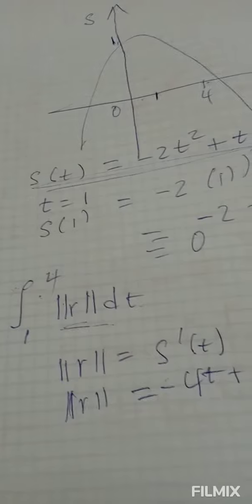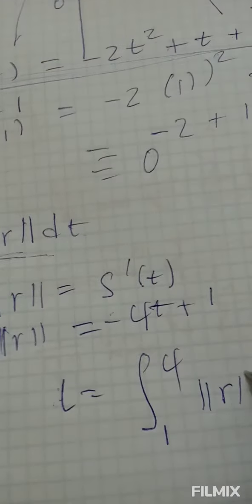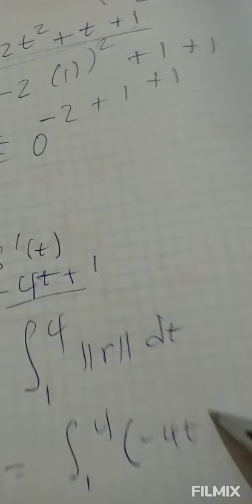So now let's find the distance traveled from time equal to 1 second to 4. The length is equal to the integral from 1 to 4 of the norm with respect to t, which is the integral from 1 to 4 of minus 4t plus 1 dt.